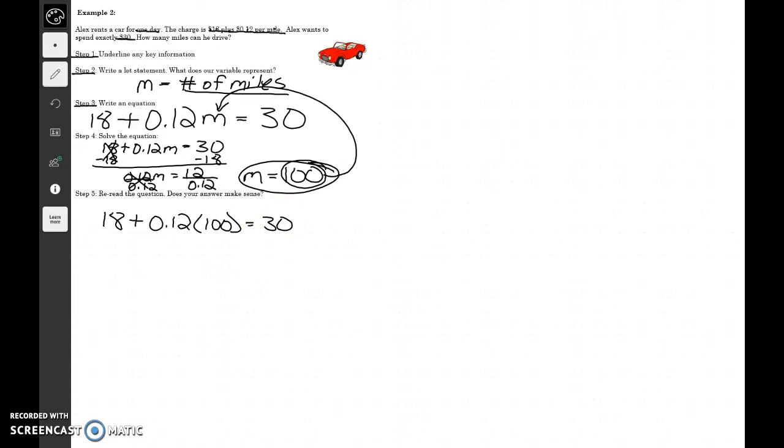So to simplify this, we want to say 0.12 times 100, which is going to be equal to what? 12. So we get 18 plus 12 is equal to 30. So 18 plus 12, when we add those two together, we get what? 30. So does 30 equal 30? Yes. So since it equals 30, then we know that is our correct answer.